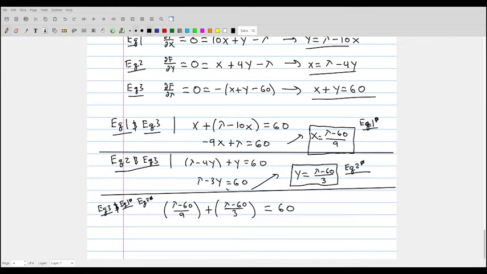If we go through and do this, I think the easiest thing to do is probably multiply both sides by 9.